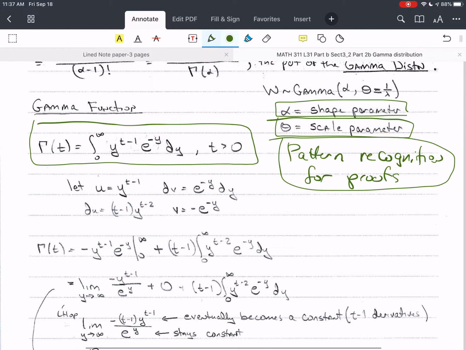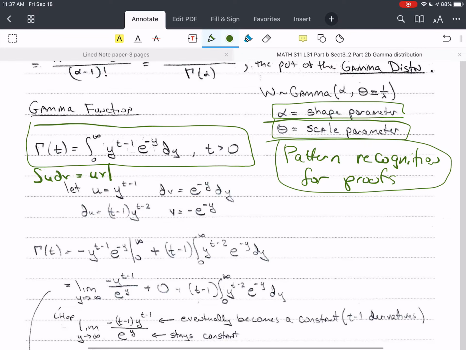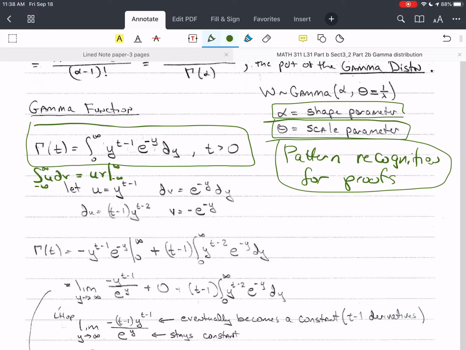I want to remind you that the integral of u dv is equal to uv, negative infinity to positive infinity, because I want you to remember that you have to evaluate that u times v, then minus the integral, and you switch. If I have u here, I need du. If I have dv, I need v.